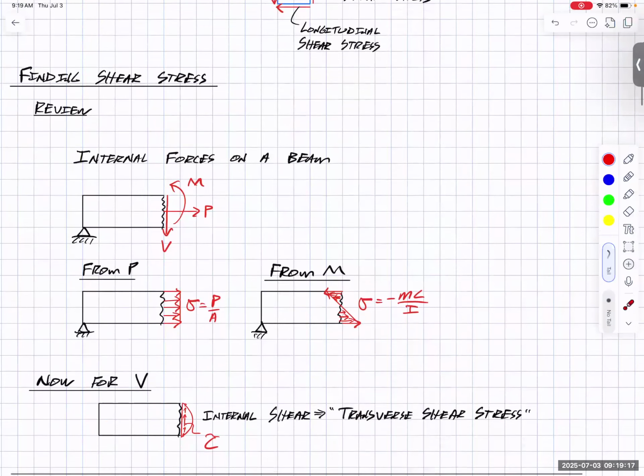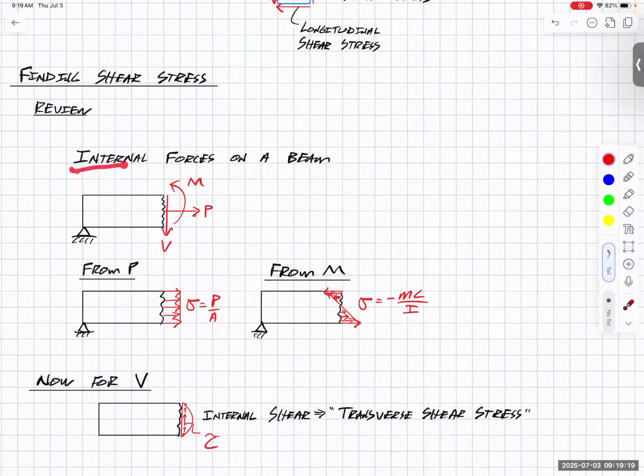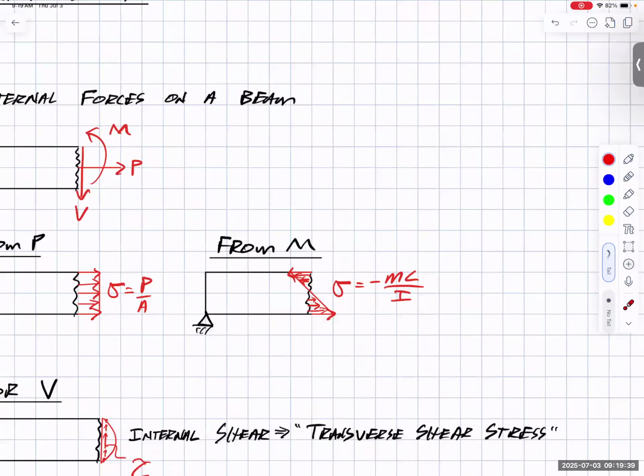Well, we've already talked about two of these internal forces and what stress they get. For the axial force P, we said that our stress is P over A. It's the same throughout the depth of the beam, meaning if I'm at a point here, here, here, it's always the same for our axial force P. And then from our bending moment, it's not quite as simple.